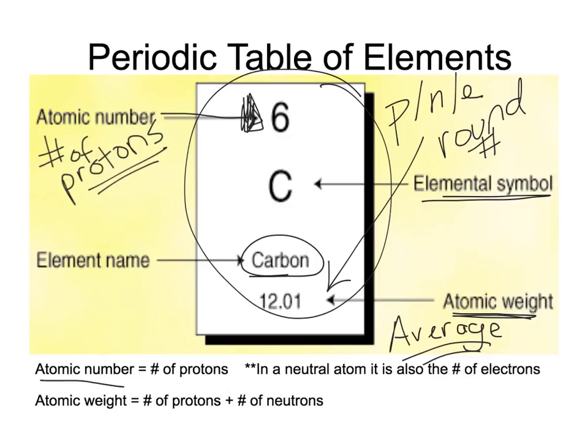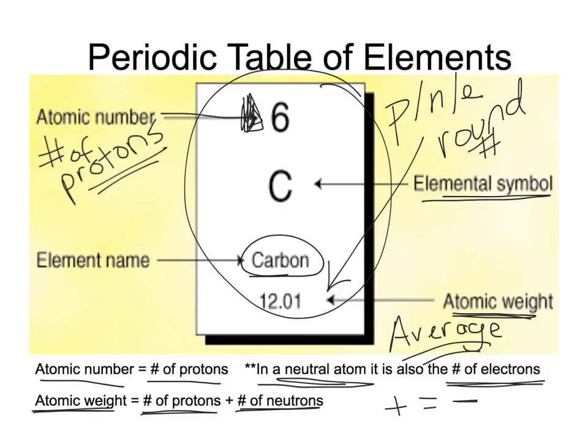The atomic number tells you the number of protons. If the atom is neutral, it is also the number of electrons because the positives have to equal out the negatives. To calculate atomic weight, it's going to be the protons plus the neutrons added together.